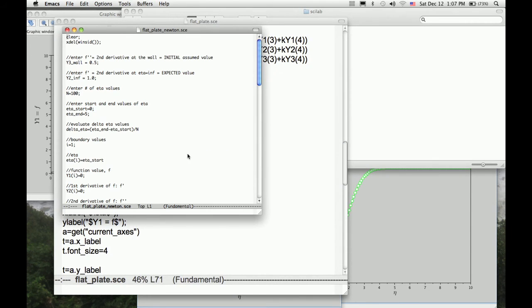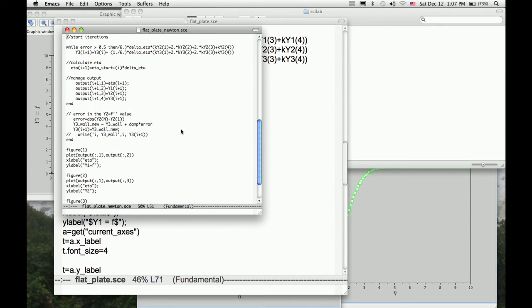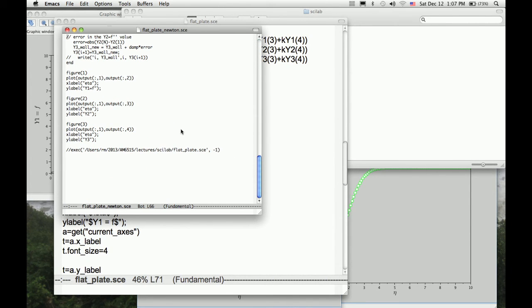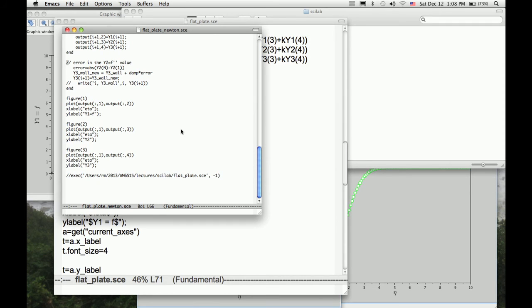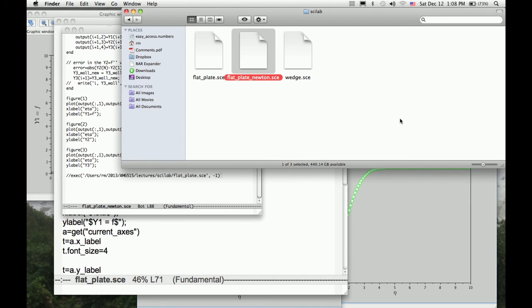Now let me see if this is something different which I could show you, or it's one and the same thing. Okay, actually it's not much different.